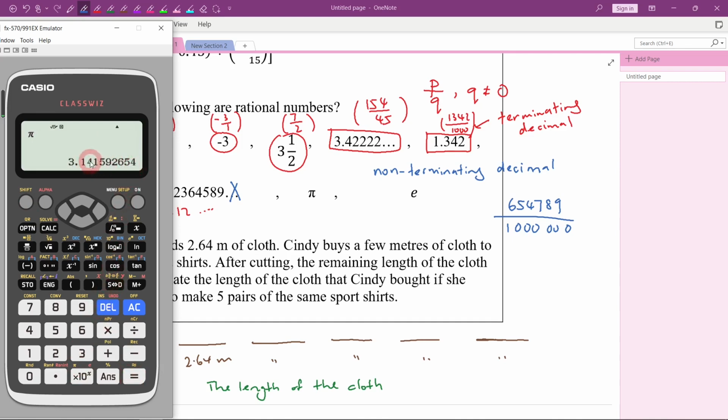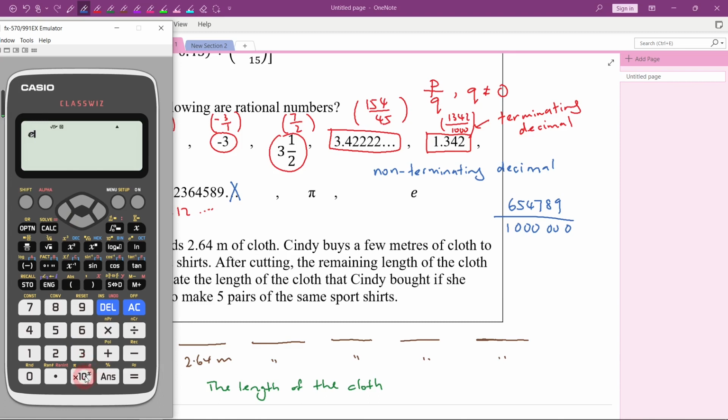You see your calculator will just give you up until here, but it actually goes on infinitely, no stop, no ending. This is the value of pi. Same thing for Euler's number, you see an E here, red color. If you want to know its value, press alpha first to let your calculator know that you want this red color one.